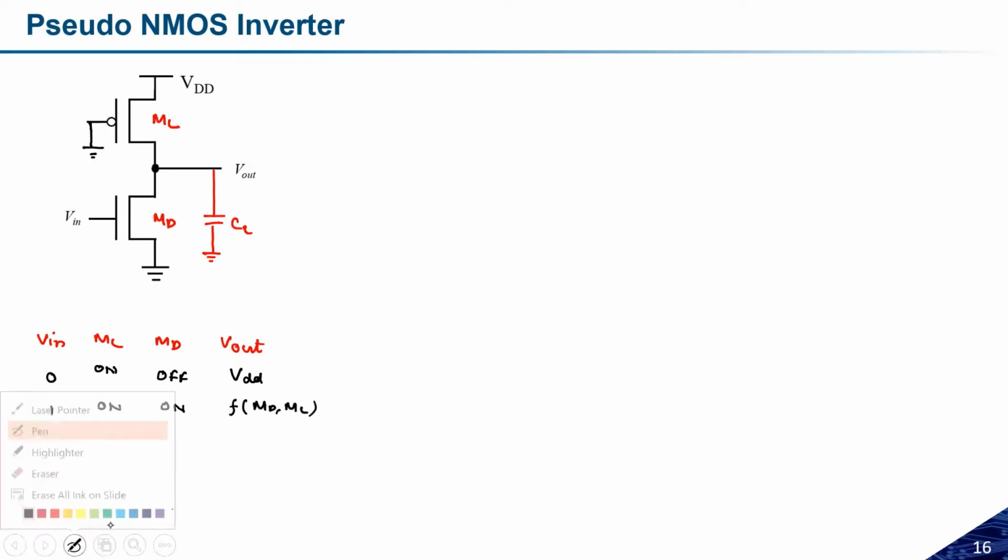If I am increasing the size of MD, then the V output can be close to 0, something like that. So size of MD decides what is the lower logic here. Okay, so let us try to make the characteristics of this circuit.